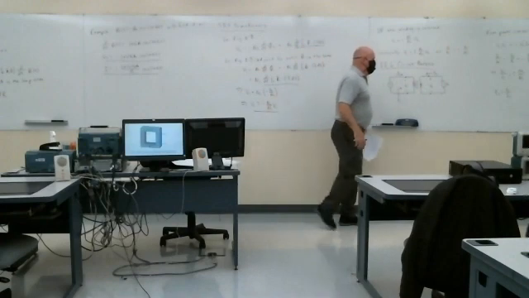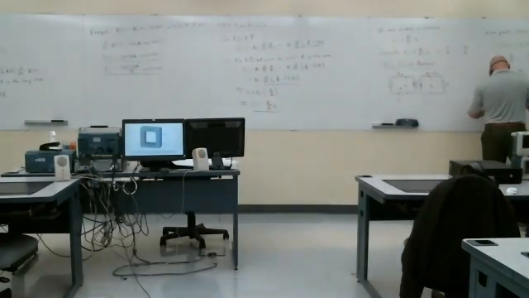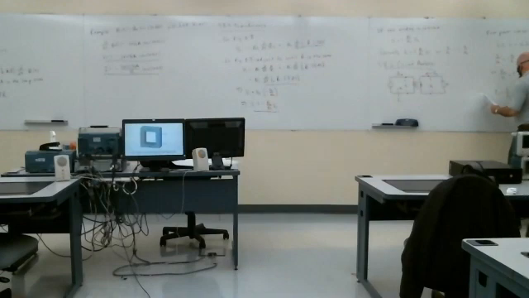Z1 is directly related to Z2 in the turns ratio, because V1 is plus or minus N1 over N2 V2, and I1 is minus or plus N2 over N1 I2, or I get minus N1 over N2 squared times V2 over I2.